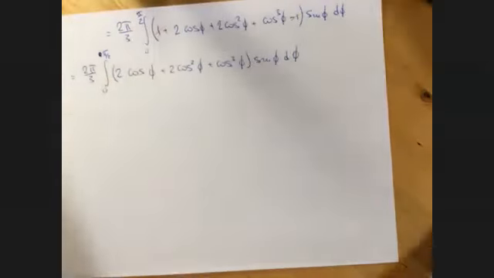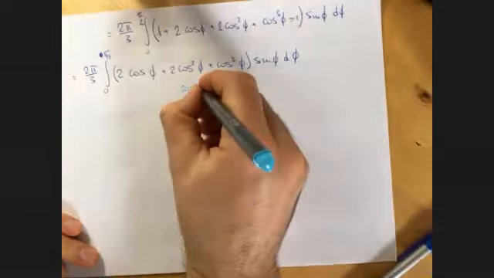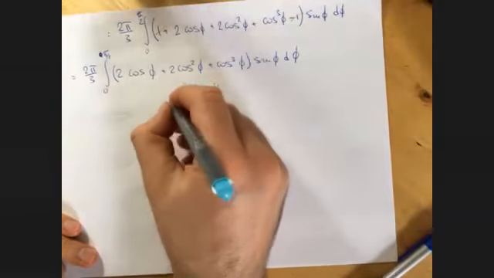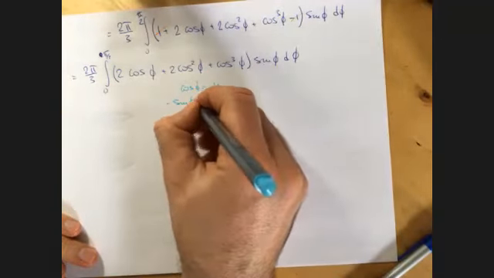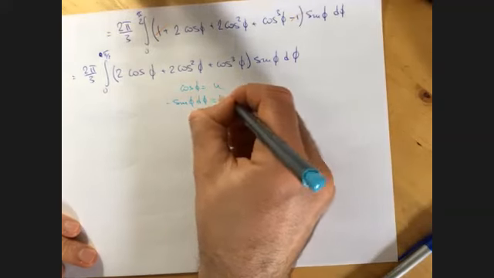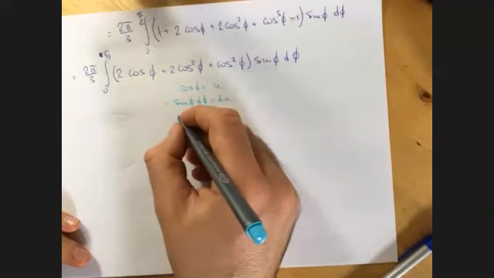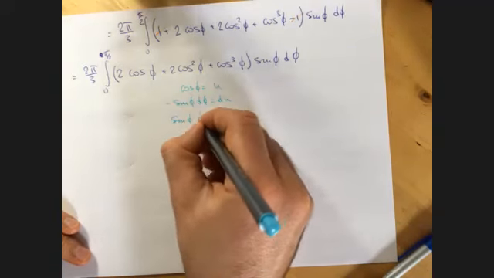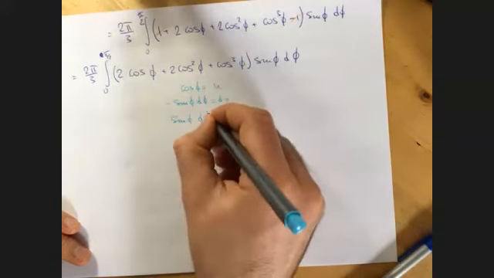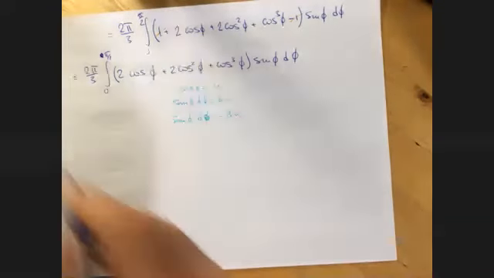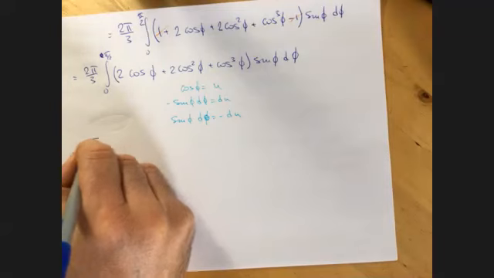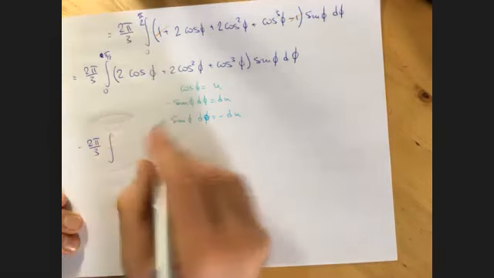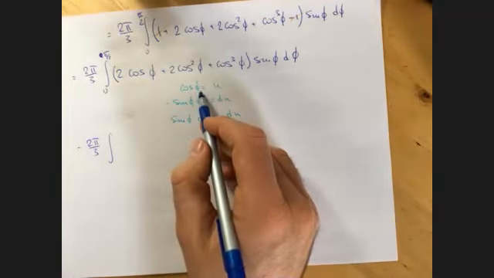Obviously, I'm going to use the substitution. Cosine of phi is equal to u, negative sine of phi d phi is du, or sine of phi d phi is negative du. So this becomes 2 pi over 3 times the integral. Be careful how the limit of integration is going to change.